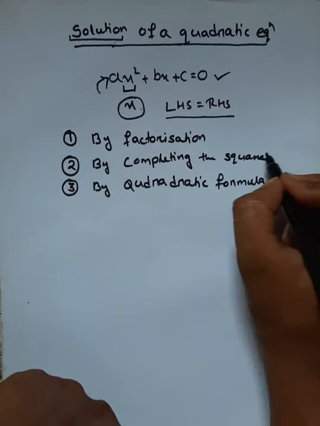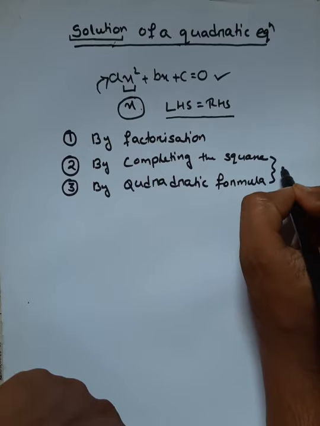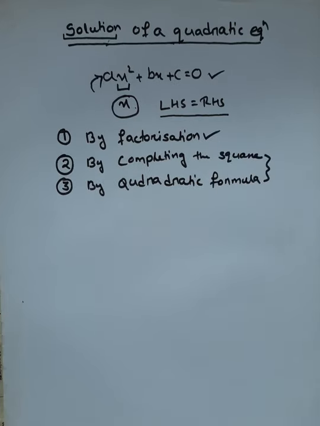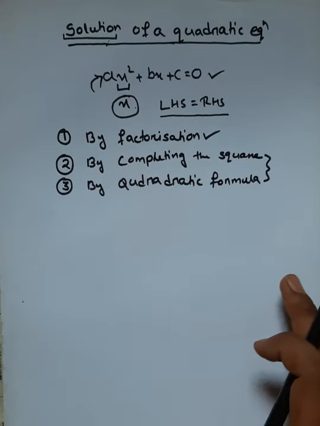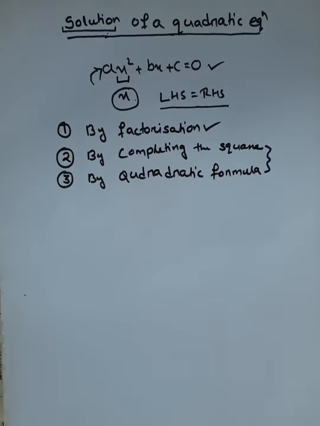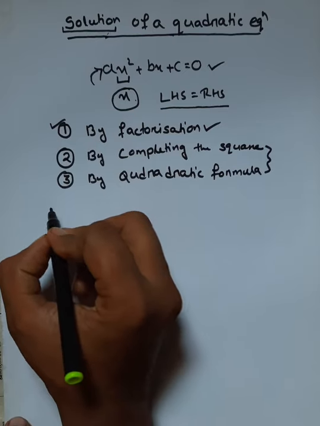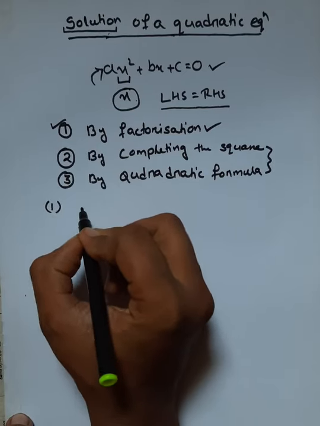Okay, so these two methods are new for you, but this method is not new. So let me discuss one by one. First we'll discuss this factorization method in this video.